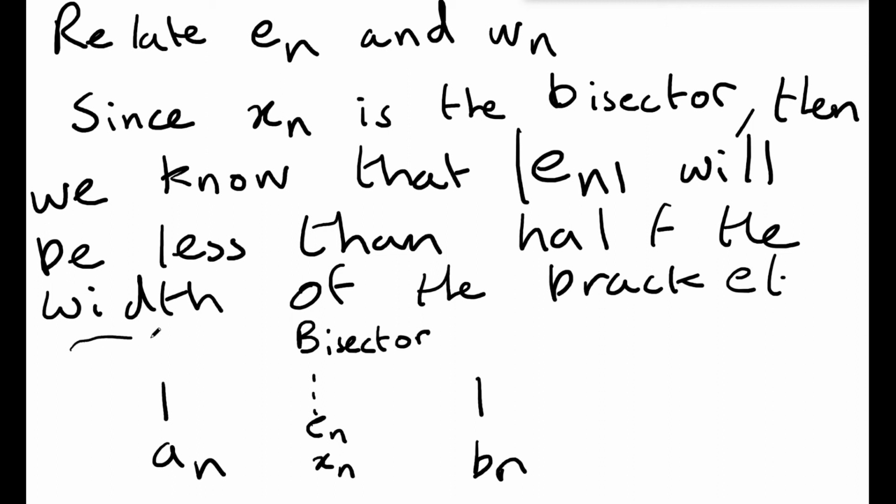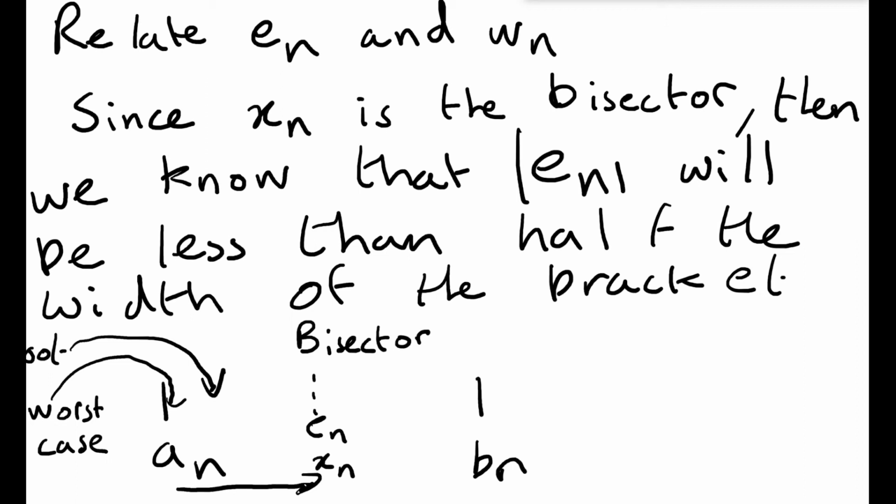The worst case is where the root is right up against this boundary. This is our width, and this is our width over 2. So we know the difference between the root and the bisector value x_n; the maximum value it can take is W_n over 2.